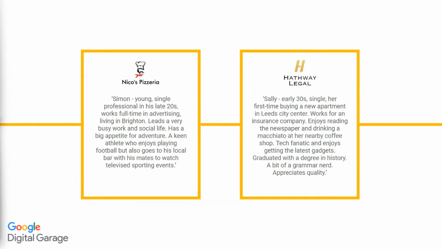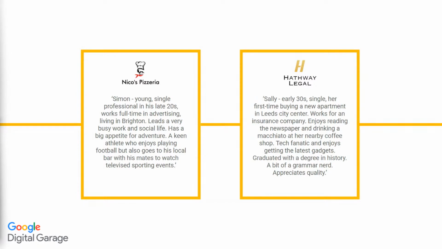We've got Simon, young, single, professional, in his late 20s, works full-time in advertising, living in Brighton, leads a very busy work and social life, has a big appetite for adventure, a keen athlete who enjoys playing football, but also goes to his local bar with his mates to watch televised sporting events. So that's Simon, to give you a sort of rough idea.